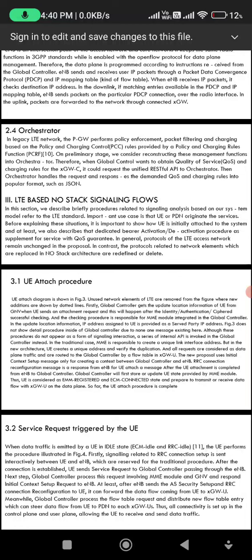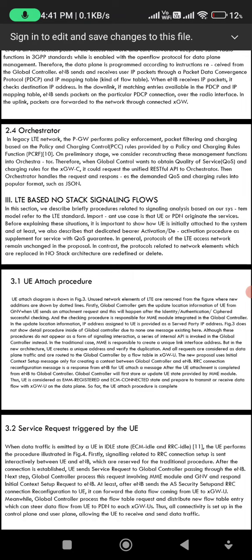Orchestrator. In a legacy LTE network, the PGW performs policy enforcement, packet filtering and charging based on the policy and charging rules provided by a policy and charging rules function. At a preliminary stage, we consider reconstructing these management functions into the orchestrator.